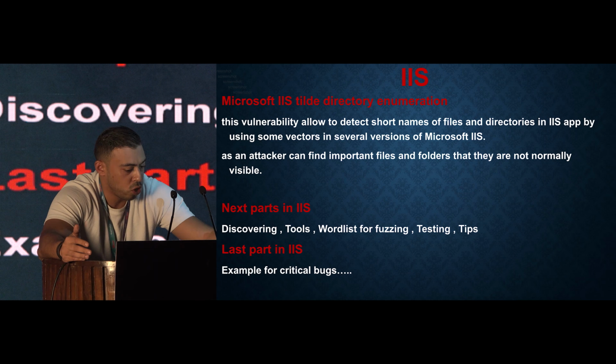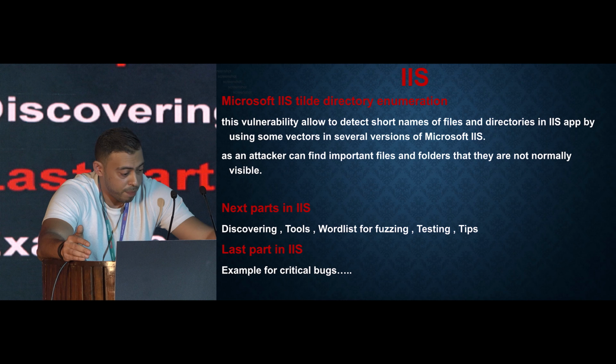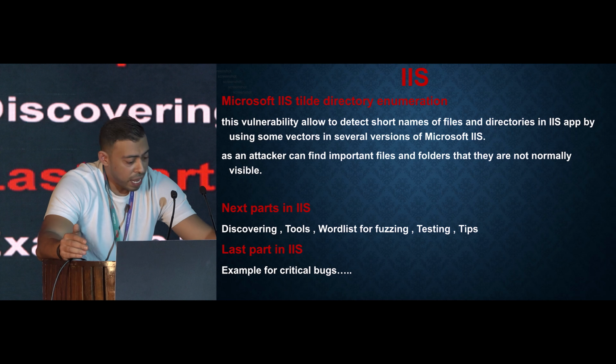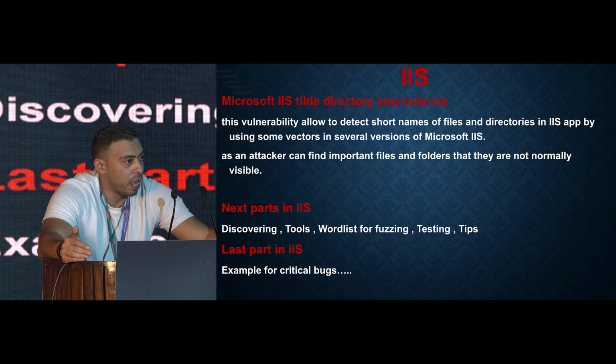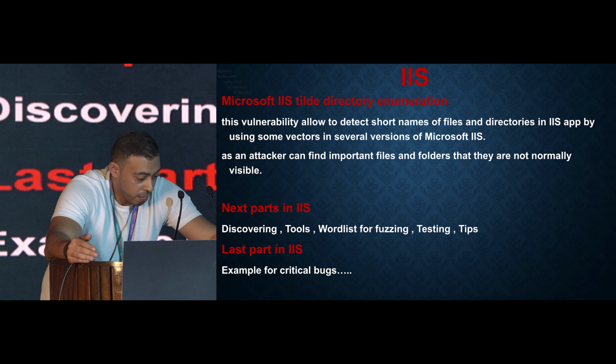This vulnerability allows you to find short names of files and directories in an IIS app by using some vectors in several versions of Microsoft IIS. An attacker can find important files and folders that are normally not visible, for example backup files or something like that.